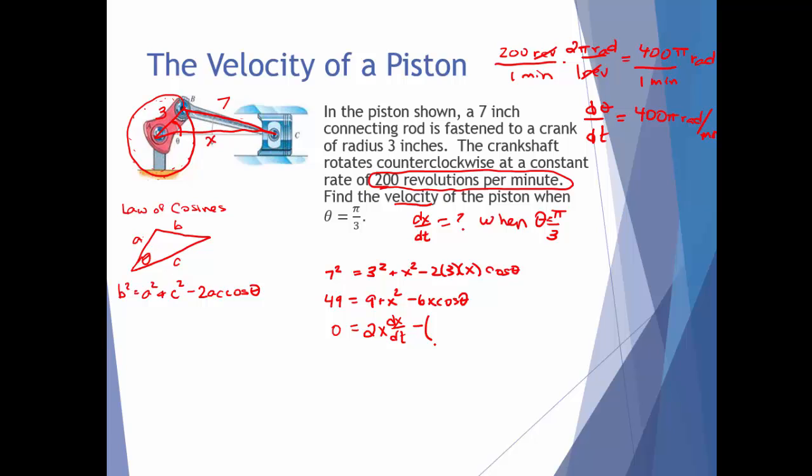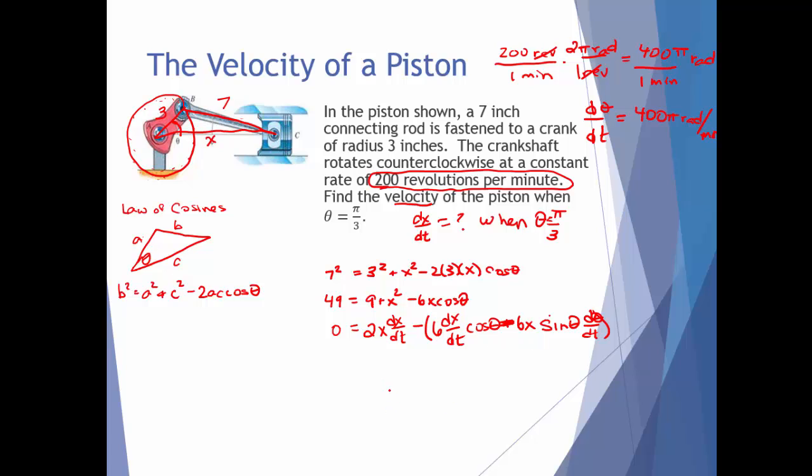I'm going to leave the negative out and open up a set of parentheses. You could also leave the 6 out. That would be a completely legitimate way to go about this. So I'm going to take the derivative of 6x, which is 6 dx dt, times cosine theta, plus 6x times the derivative of cosine theta. The derivative of cosine theta is negative sine theta, so this is going to be a minus now, times d theta dt.